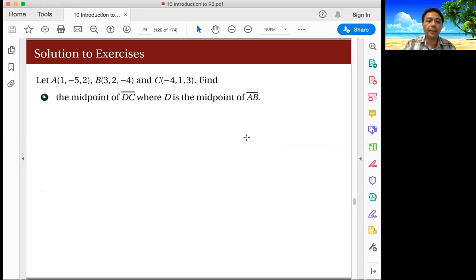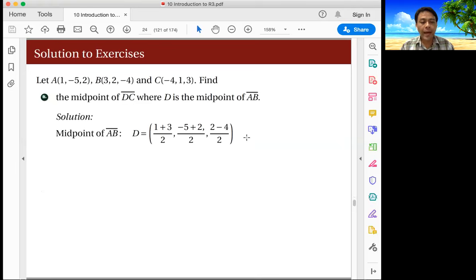Now, for the next set, we want to know the midpoint of DC, where D is the midpoint of the segment AB. So let us first get the coordinates of D. As the midpoint of AB, we just use the formula. So 1 plus 3 over 2, -5 plus 2 over 2, 2 plus -4 over 2.